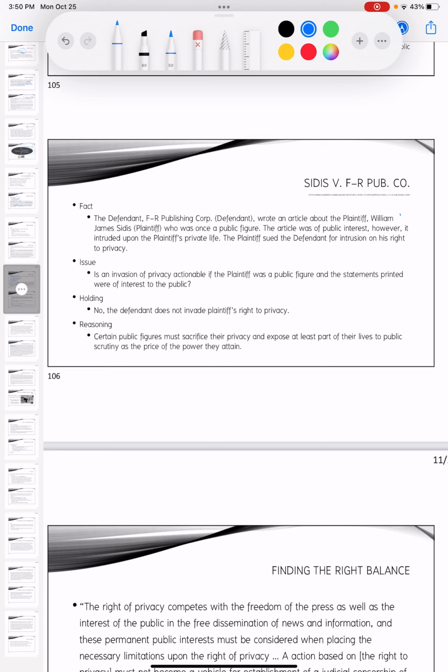So afterwards, the court thinks that this is of public concern. I mean, there is some public interest in there. Even if they publish something about the private life of the person, that's okay. And the court's reasoning, which is really interesting, is here.